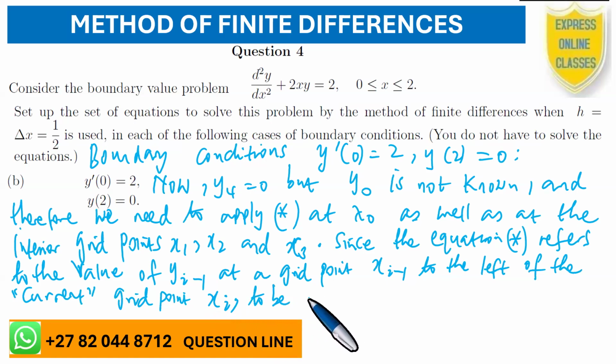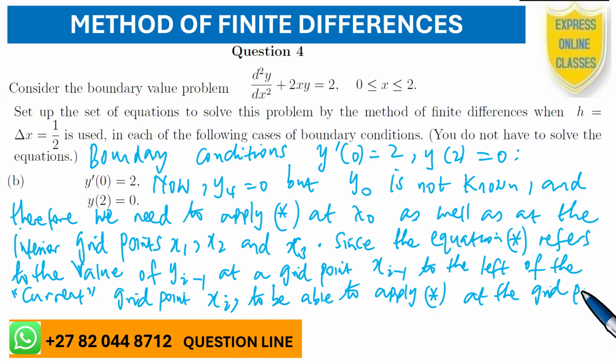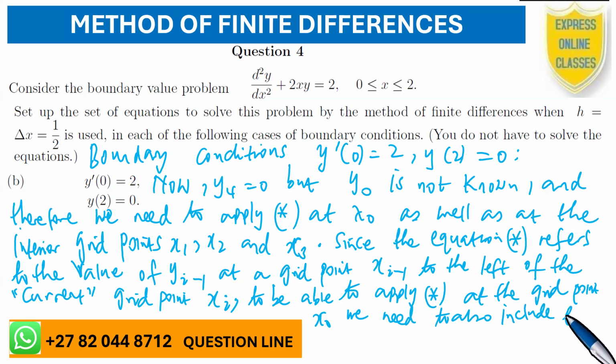To be able to apply star at the grid point x0, we need to also include the value for y at xi minus 1, which is minus 0.5.